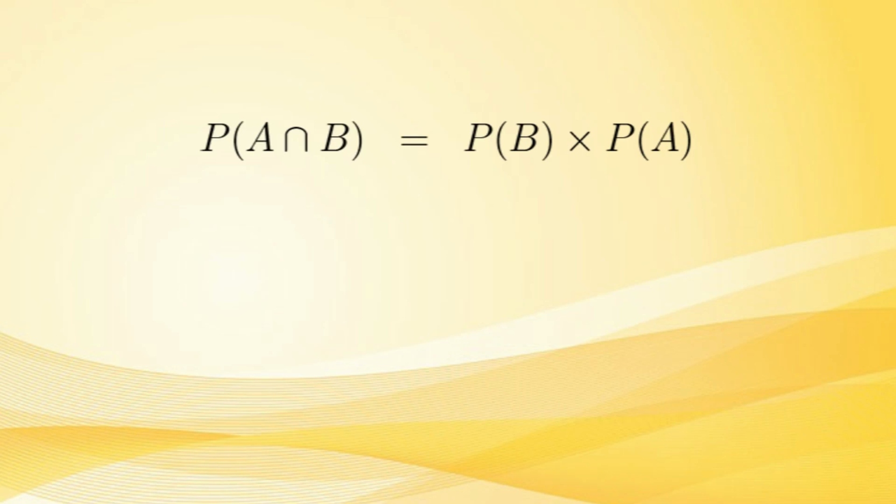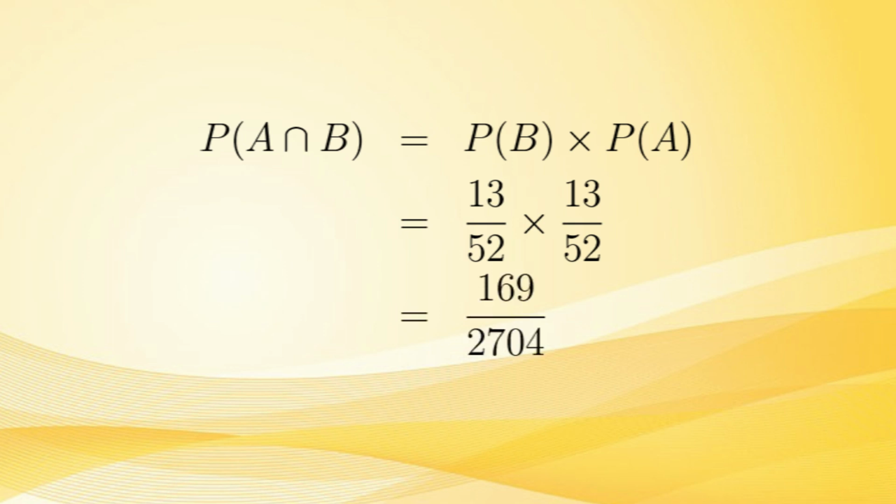Using the multiplication theorem of probability for independent events, we can find the probability of both events A and B occurring together as probability of A intersection B is equal to probability of A into probability of B, which is equal to 13 by 52 into 13 by 52, which is equal to 169 by 2704, which is equal to 0.0625.